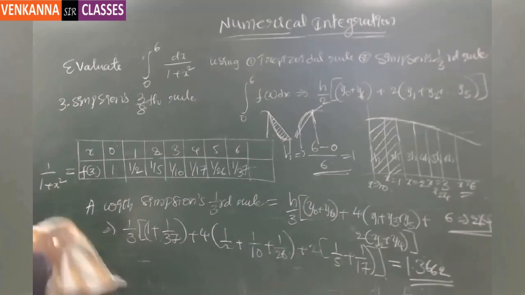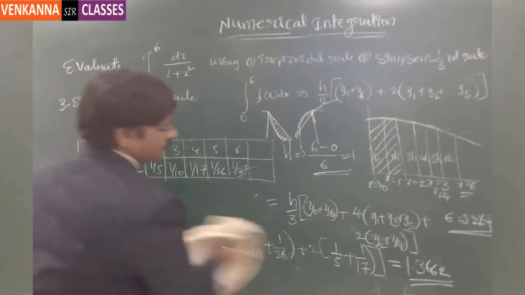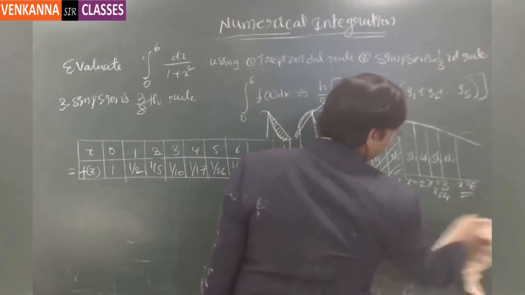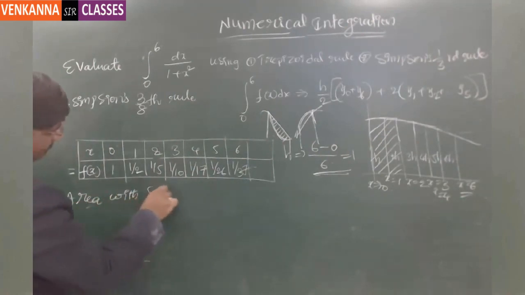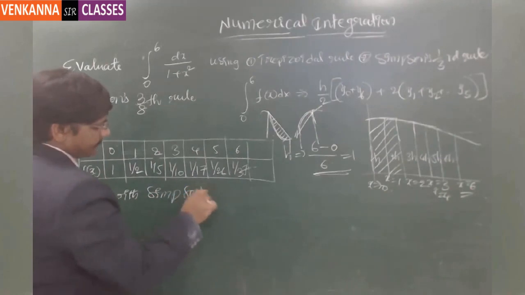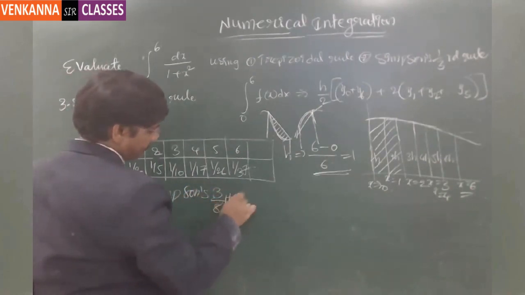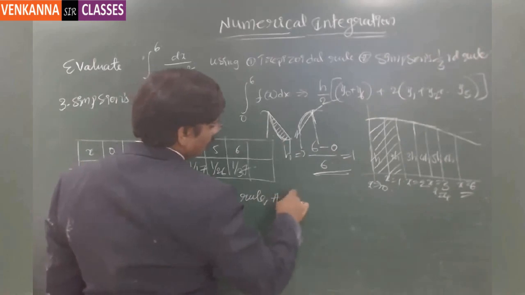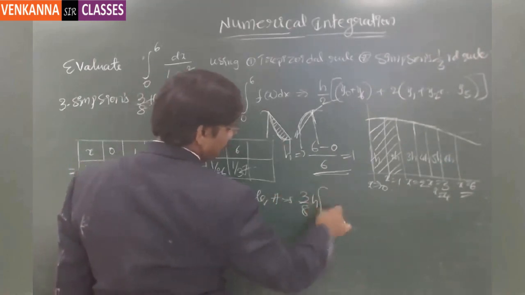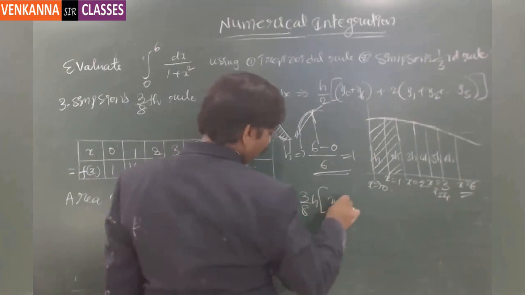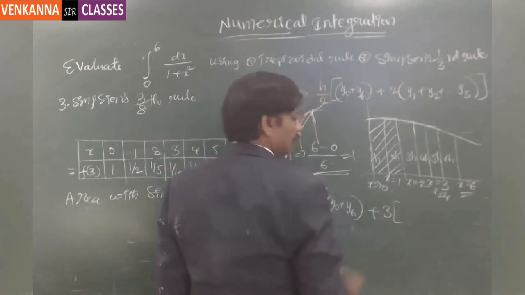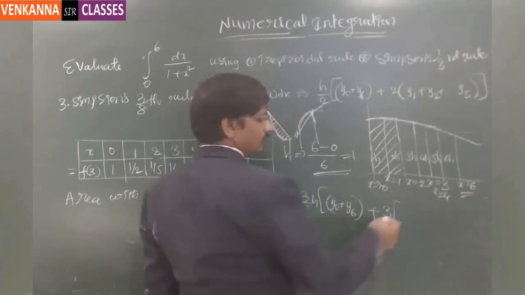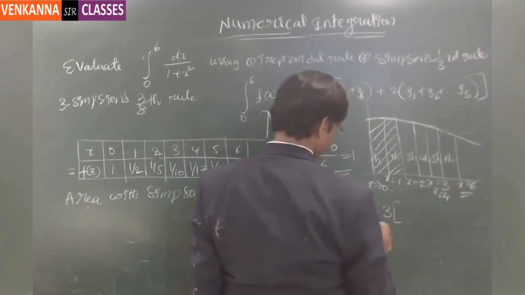Now the same thing, if you want to calculate with the help of Simpson's 3/8 rule, then A is equal to 3/8 times of H, and then y0 plus yn, or y0 plus y6, plus 3 times of the rest of the values, excluding the multiples of 3.